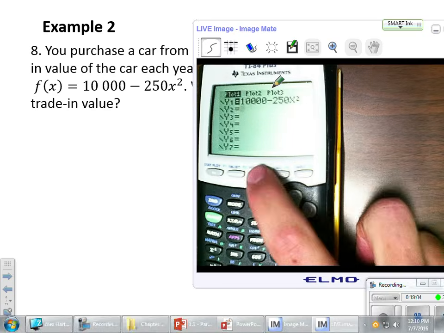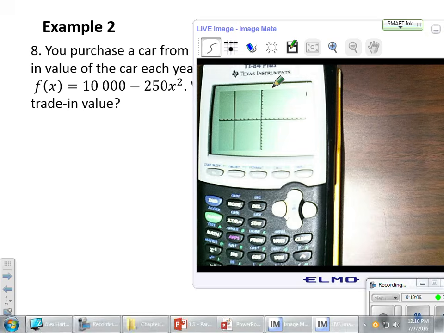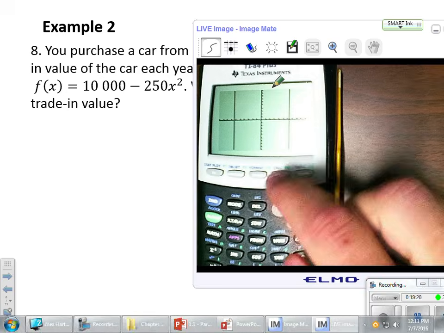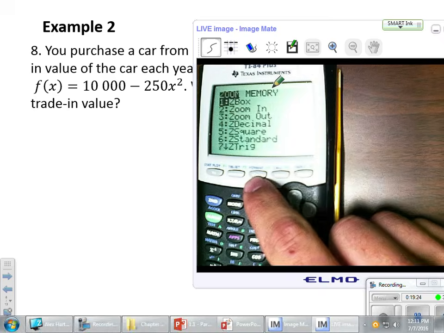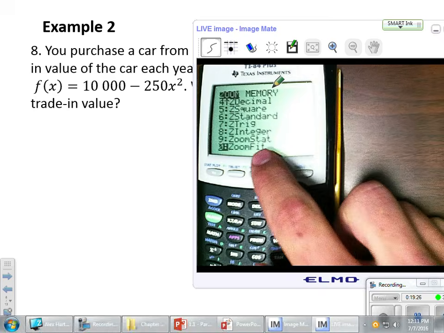And if I graph that, well, it looks like a couple of vertical lines. What's happening is that graph is so steep that we're not really seeing it very well in our viewing window. So we can adjust the zoom, and there's an option all the way at the bottom called zoom fit.